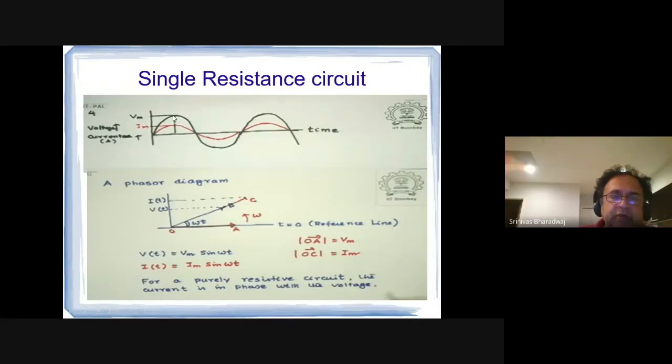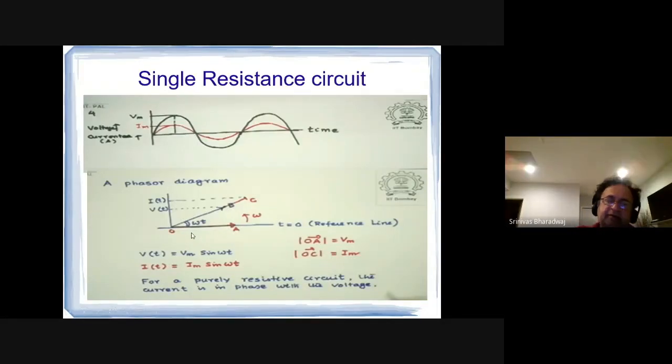Now what happens when you have a single resistor circuit? Basically, as the voltage goes up, the current goes up. V equals IR, right? As the voltage goes down, the current goes down. And you then have V and I peaking, going to the lowest point, and hitting 0 all at the same time. When that happens, we say that they are in phase. Okay, and then we draw this kind of a thing which is called a phasor diagram.